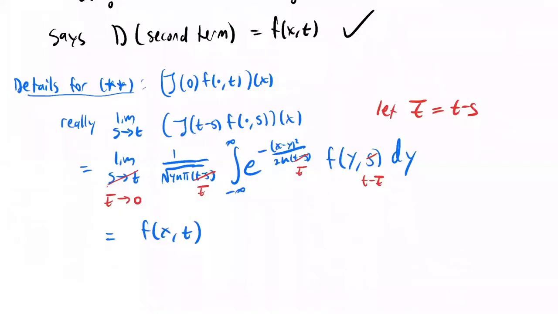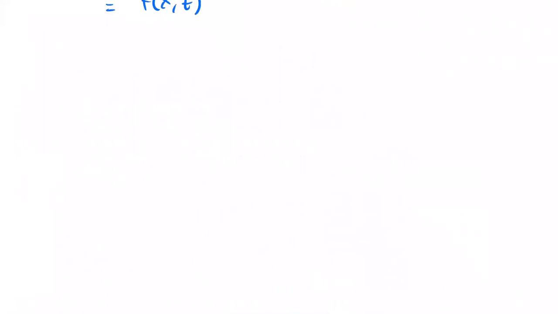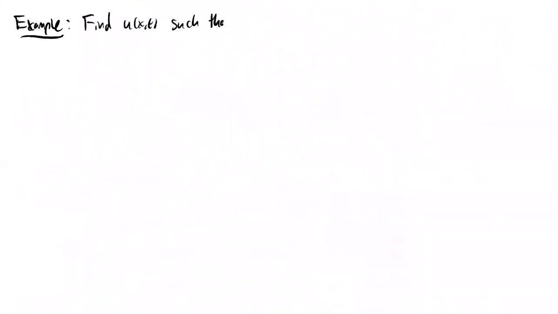Right, so maybe one quick example. Let's say I want to find a function u of x, t such that u_t minus k times u_xx is equal to, let's say, 1.